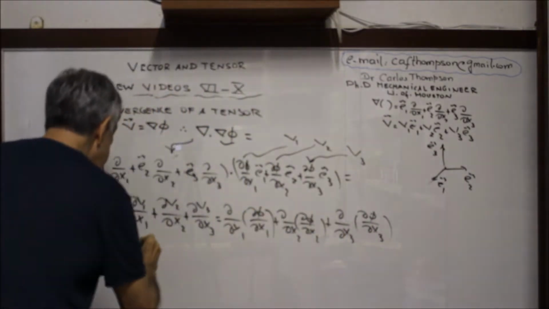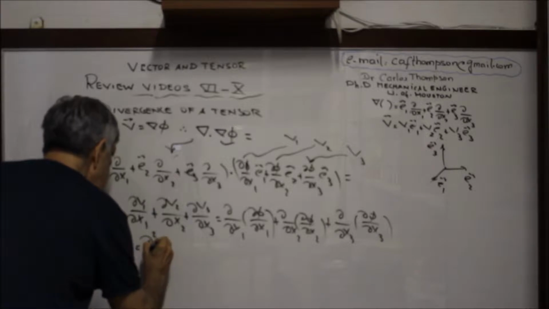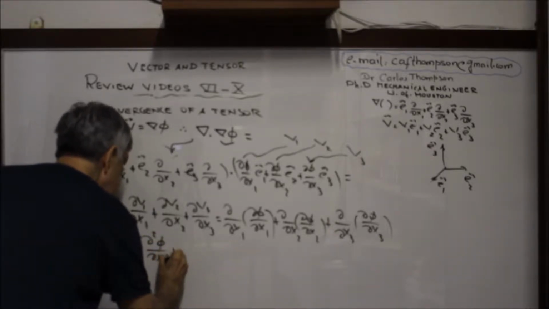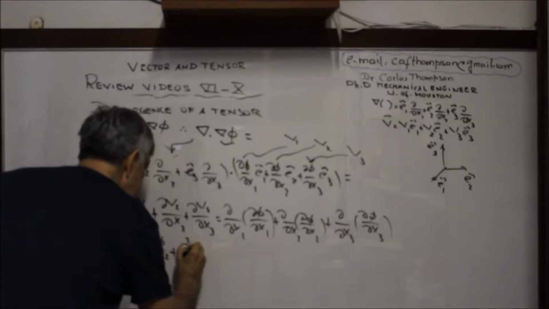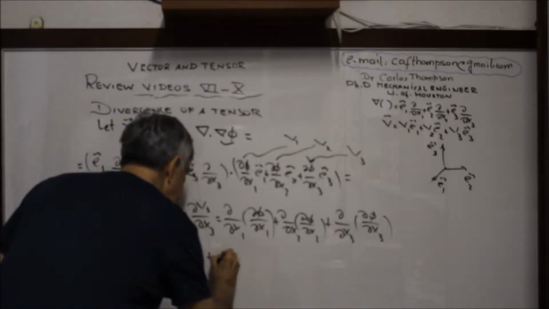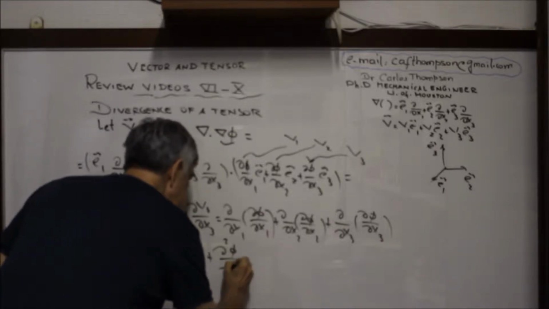So this is a second partial derivative. So this is partial squared of phi with respect to x1 squared plus the second derivative plus that with respect to x3.